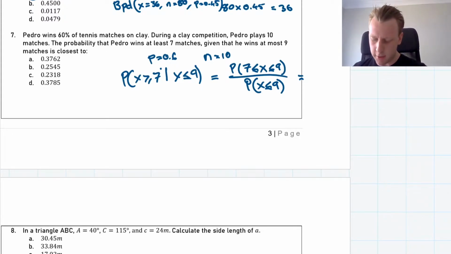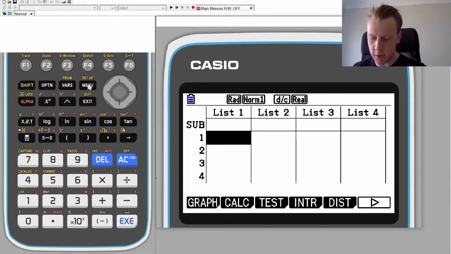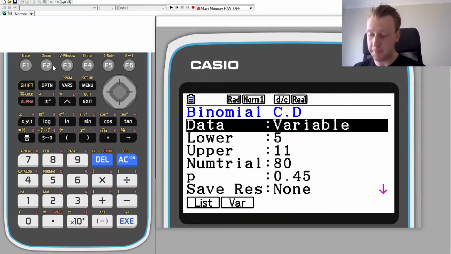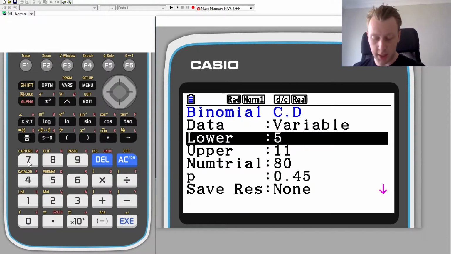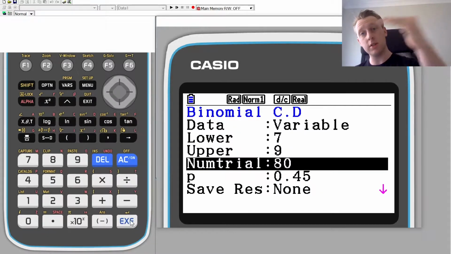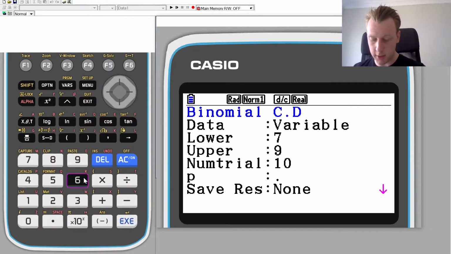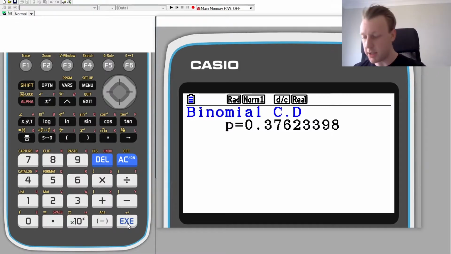So what we're going to do here is select probabilities of binomials between ranges, so on this calculator: Distribution, Binomial, BCD. I can say I want to have 7 wins, 8 or 9 wins, so 7 to 9, where I'm playing 10 matches. The probability that I win is 0.6. That's going to give me 0.3762.